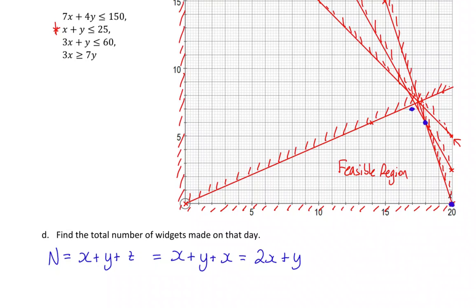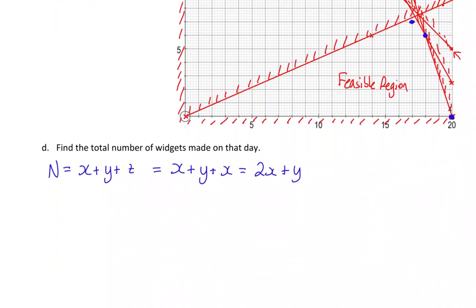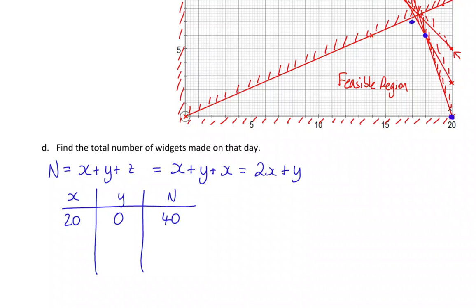Okay, the 20, 0. So which one of these gives me the maximum? Okay, so let's see. So x, y, n. So let's try 20, 0 first.